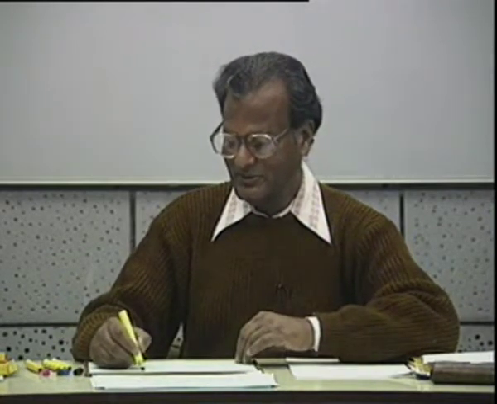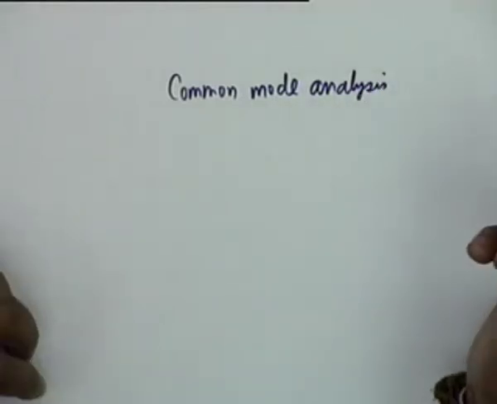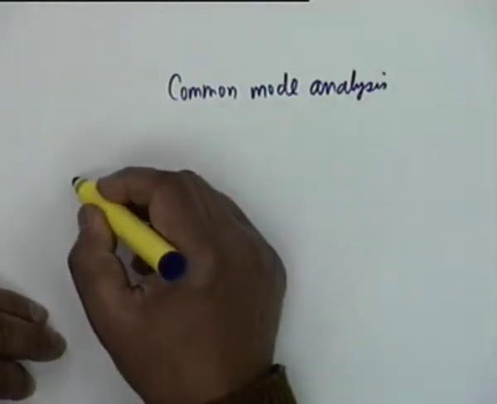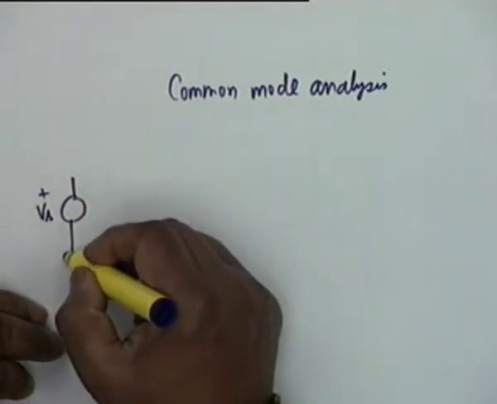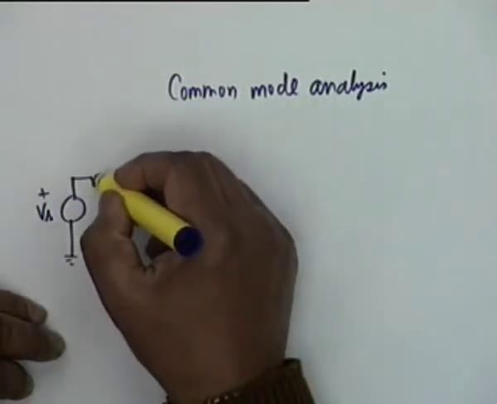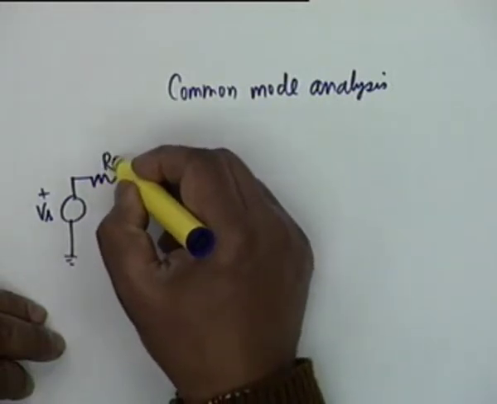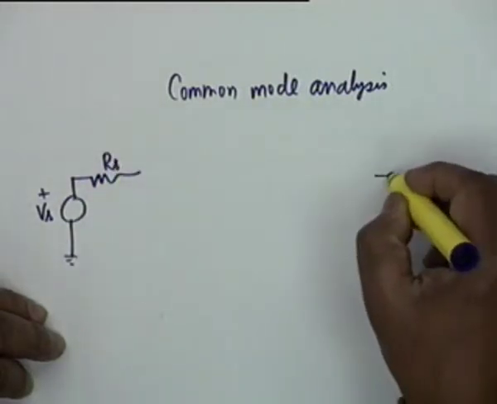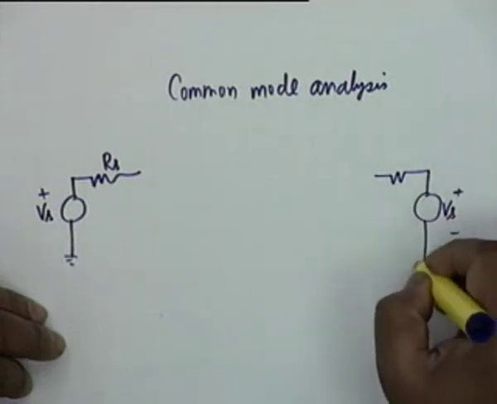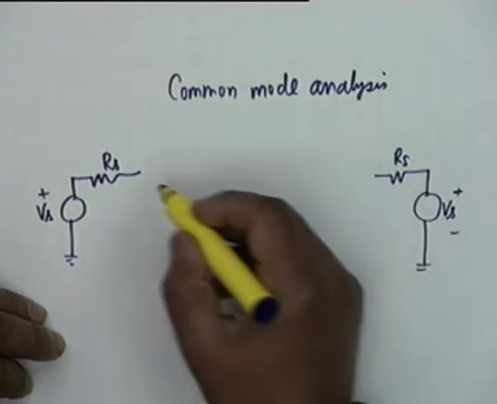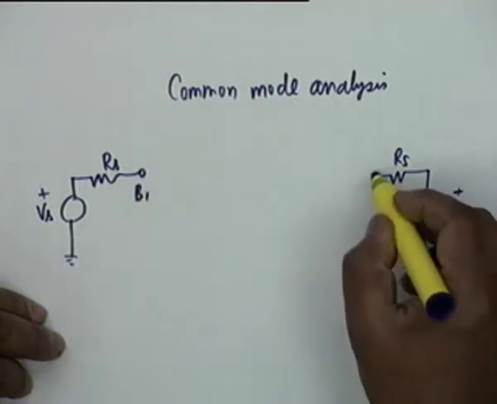In common mode analysis, our circuit would have a VS and an RS. The same voltage is applied to the other base, B1 and B2.